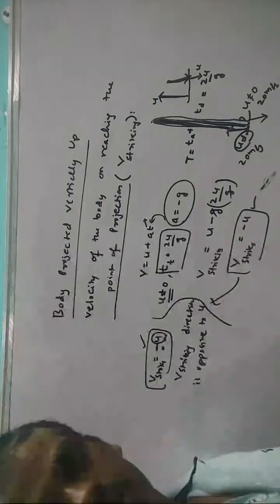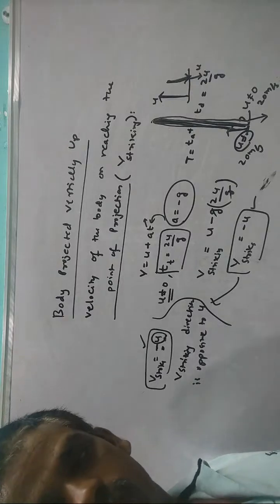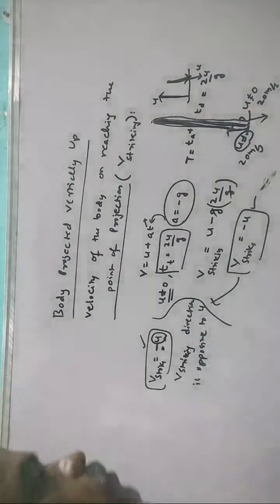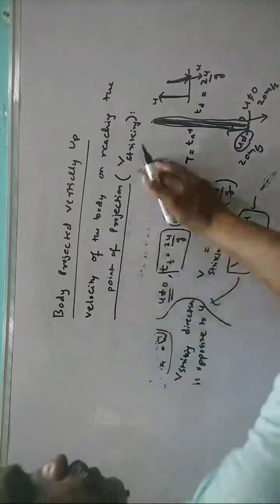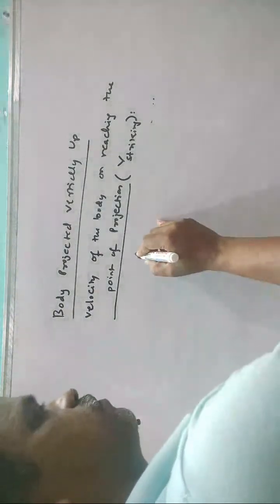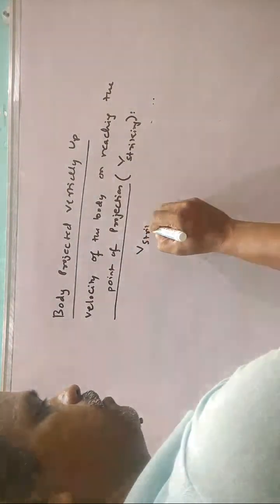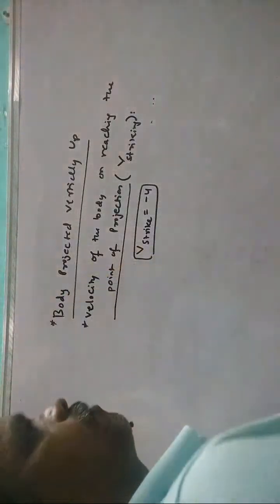If you copy, just message me. Okay, right. So this is the velocity of the body on reaching the point of projection: v strike equal to minus u. This is one point regarding a body projected vertically up.